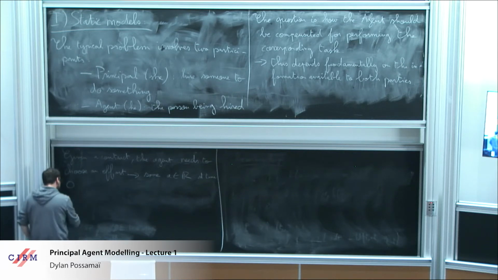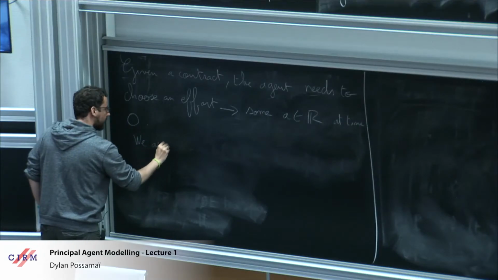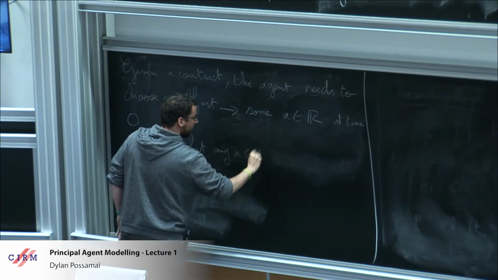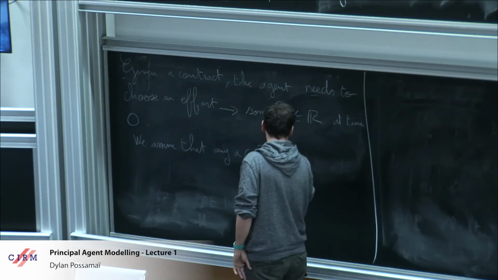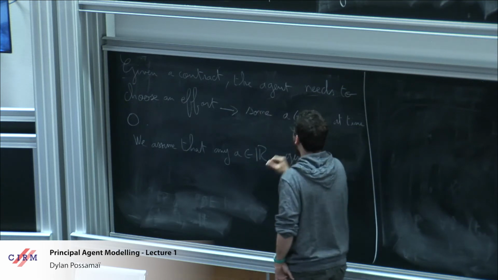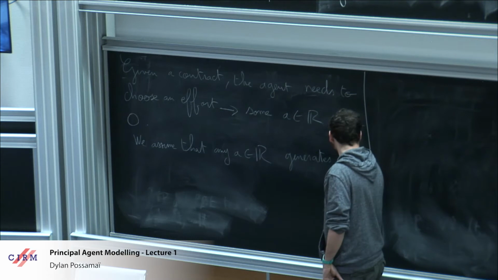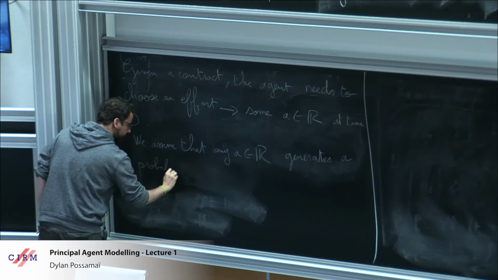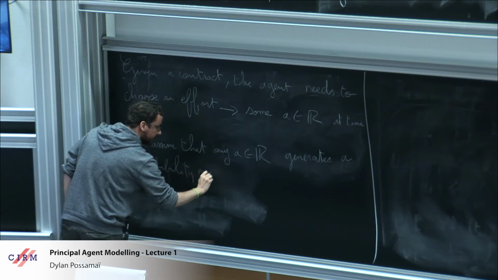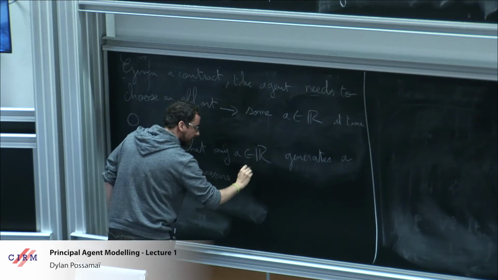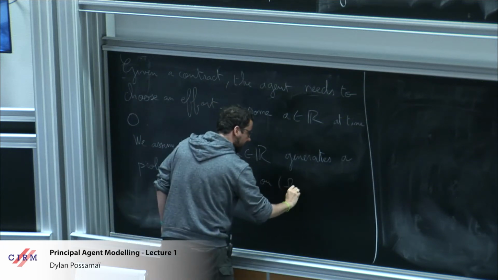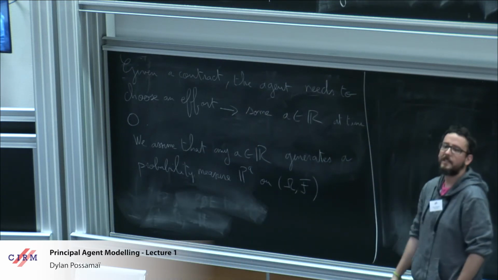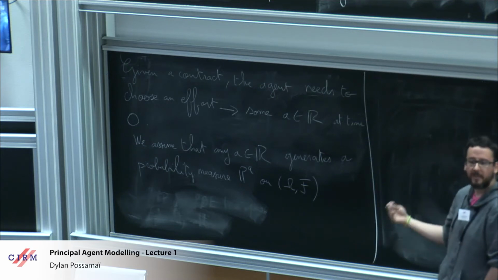So what we assume is that any choice of effort A is going to generate a probability measure on our measurable space. All right, and this is supposed to give me information about the random variable x.